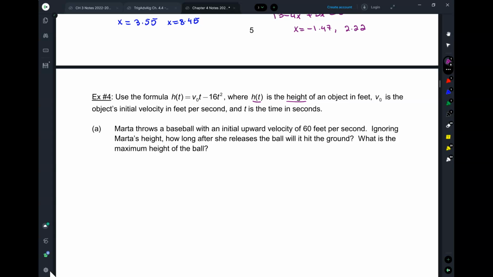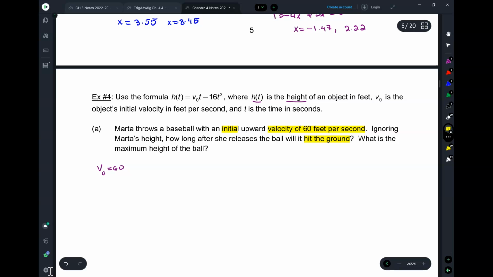Okay, so let's see what we've got here. We have that a baseball is thrown, initial velocity of 60 feet per second. Okay? So what is this? Initial velocity of 60, what variable is it? V naught. So V naught is 60. Ignoring the height, how long after she releases the ball will it hit the ground?